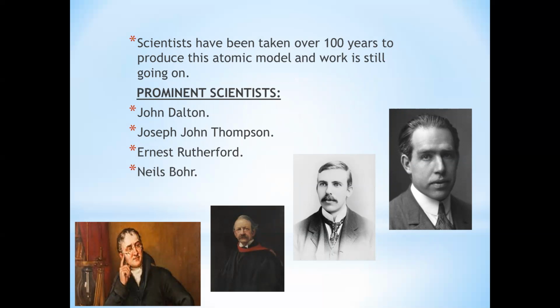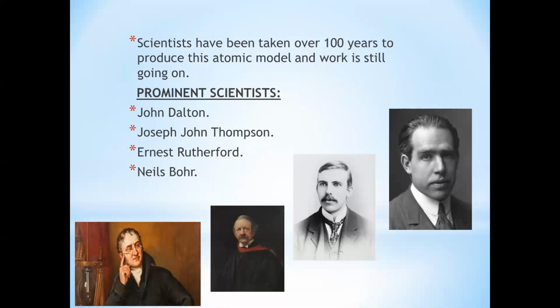Which you can see over here. That is John Dalton, Joseph John Thomson, Ernest Rutherford, and Niels Bohr. Okay, so first of all, John Dalton. He was the first scientist who worked out that everything was made up of atoms. Dalton found out that water could only evaporate into the air if water and air were made of particles that could mix together.